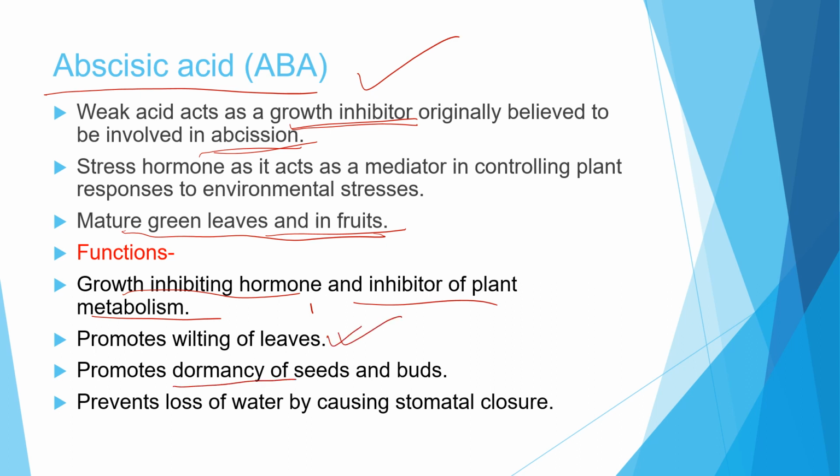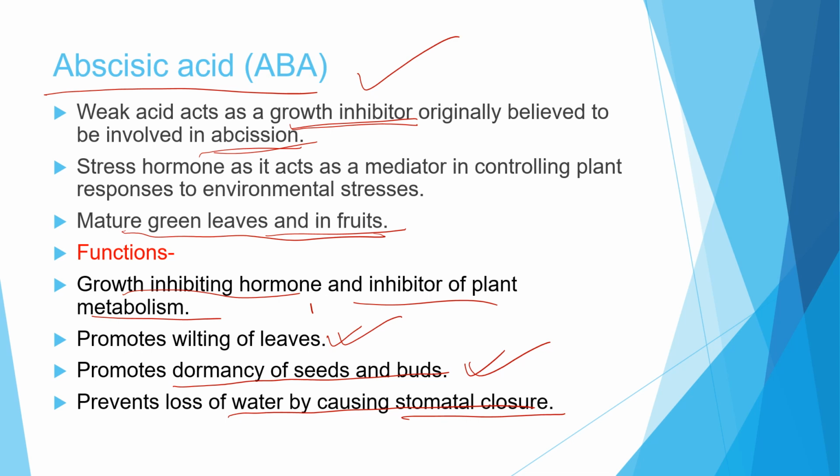It promotes the dormancy of seeds, helping the seeds remain dormant. It keeps buds in the bud state and prevents them from growing into flowers, inhibiting buds from growing and seeds from maturing or germinating. It also prevents the loss of water by causing stomatal closure, so transpiration is reduced in plants.